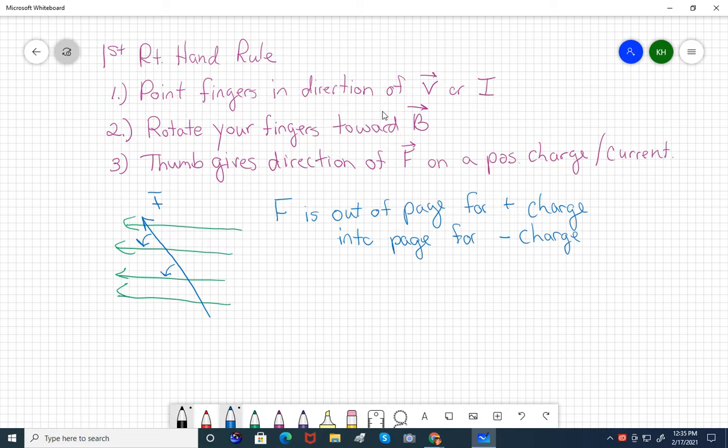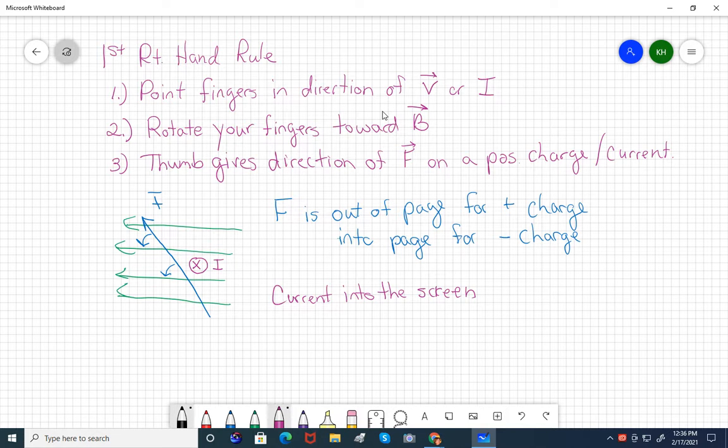Let's just do one more. Let's suppose that we have a current that is directed straight into the board, or into the screen. With your right hand, you need your fingers pointing straight into the screen.